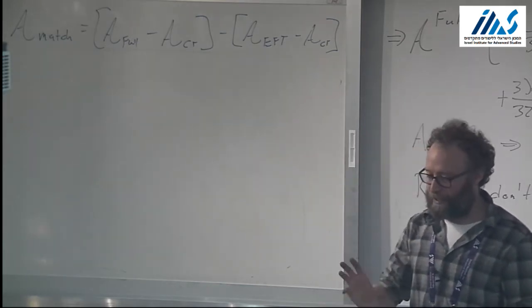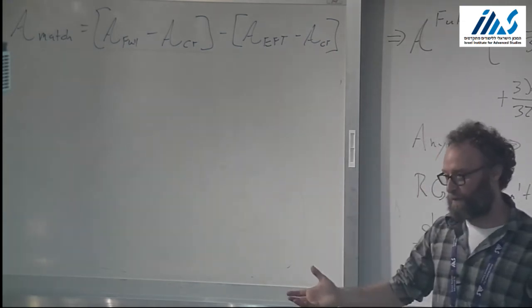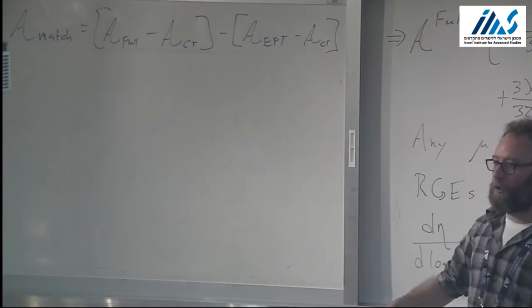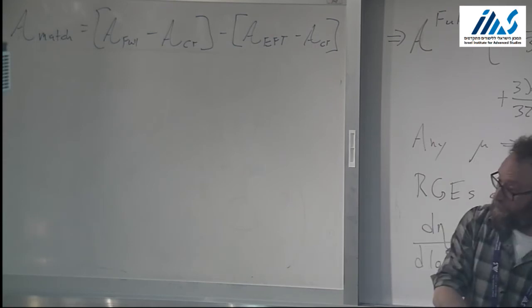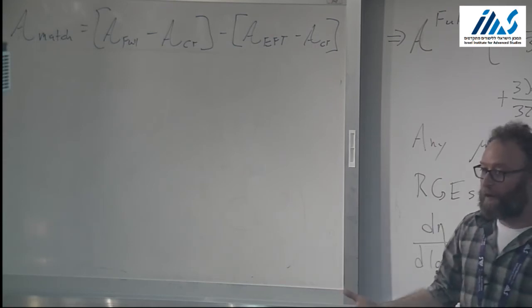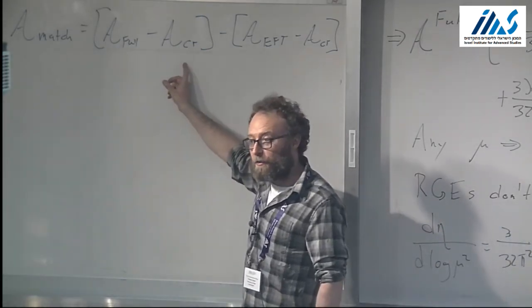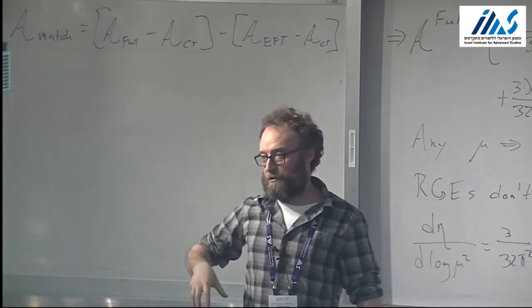Yeah. So in particular, there's all of this annoyance about scheme dependence. You might think we're doing everything in MS bar. So I can compute wave function renormalization in MS bar, I can compute coupling renormalization in MS bar, et cetera. But for your external legs, because you're calculating something physical here, you actually have to use the on-shell wave function renormalization.